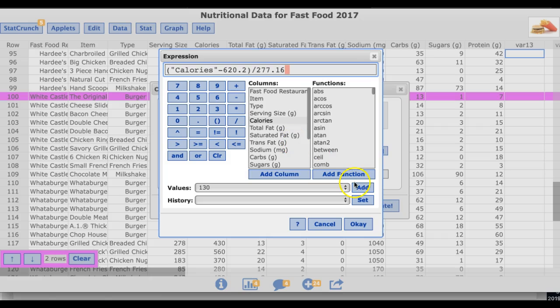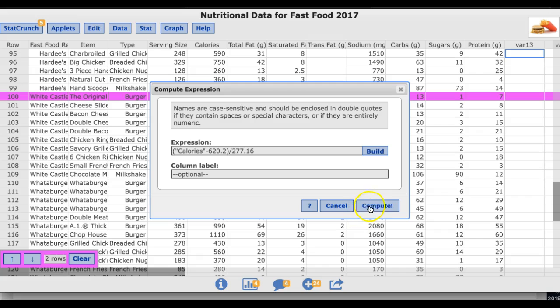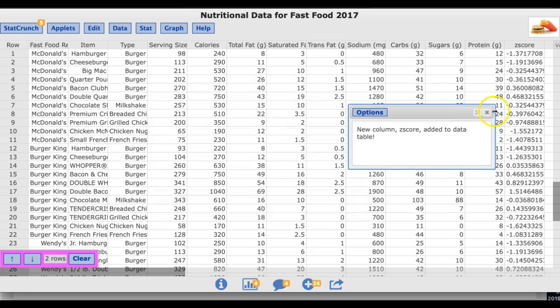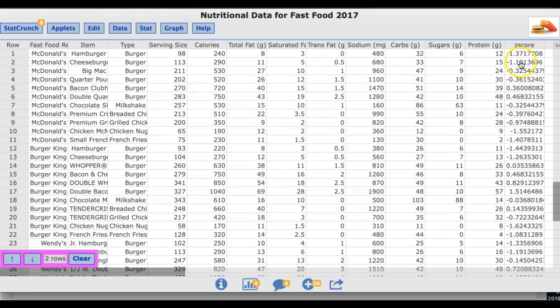So here we just add it in and we hit OK. And then we could give a label. So we can call it the Z score. And then we compute. All right. And then there we go. And then here we have all of our Z scores.